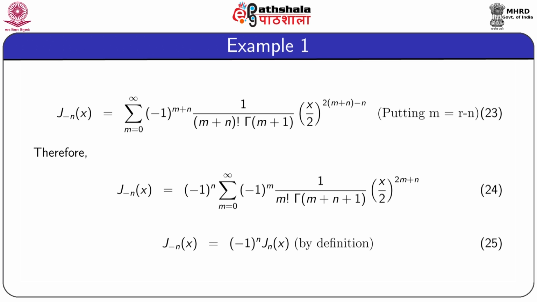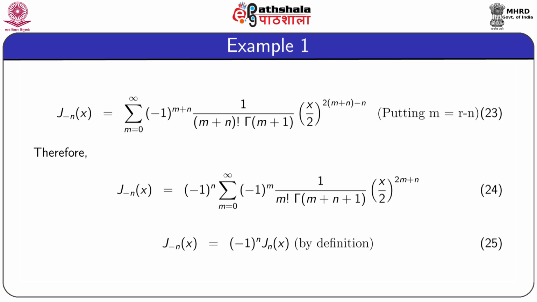Putting m equal to r minus n, we get J_{-n}(x) is equal to summation m equal to 0 to infinity (-1)^(m+n) 1 by (m + n) factorial Gamma(m + 1) (x/2)^(2(m+n) - n), which after simplification gives J_{-n}(x) is equal to (-1)^n summation m equal to 0 to infinity (-1)^m 1 by m factorial Gamma(m + n + 1) (x/2)^(2m + n).